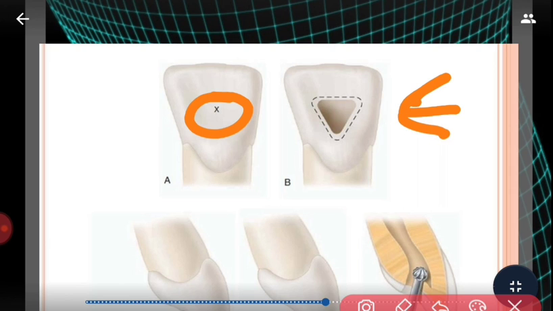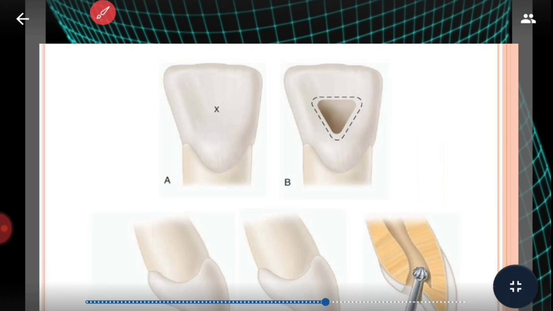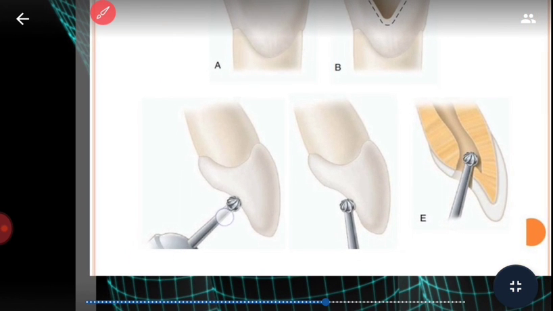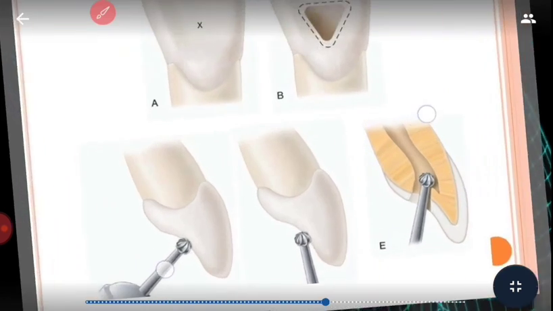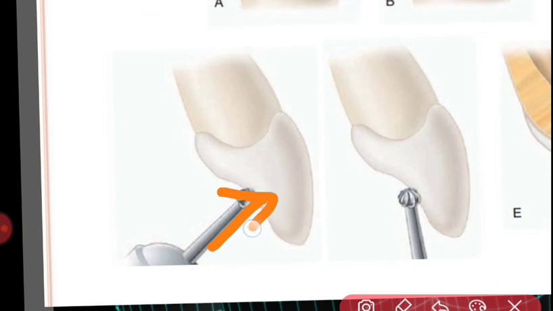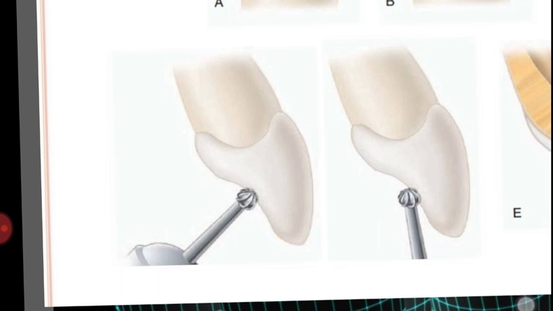This is a triangle because of the two pulp horns, and you make it like 60% of your final size, not 100% but 60% of the final size. First you can see the angle of the burr is like this. And once you have penetrated the enamel and you are into dentine, you have to change the angle of the burr. Always notice.